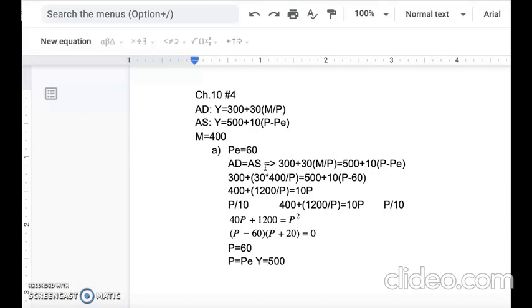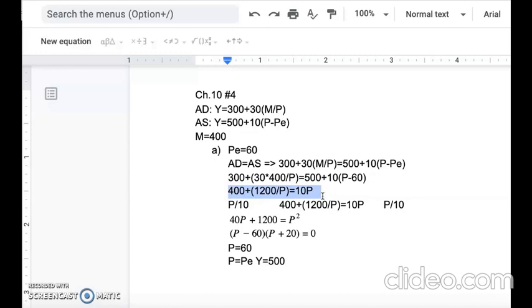We have aggregate demand and aggregate supply from the problem, and we just equate them with each other, and we will get this kind of formula. By simplifying it, we will at the end have 400 plus 1,200 divided by P, which is equal to 10P.